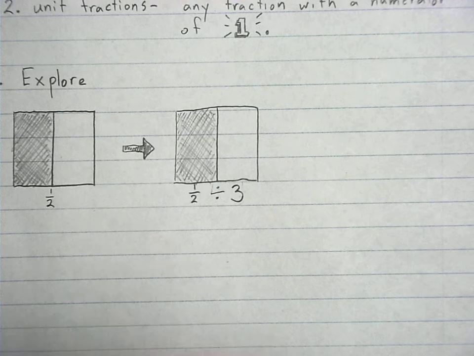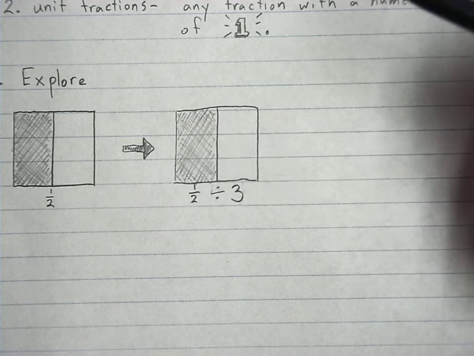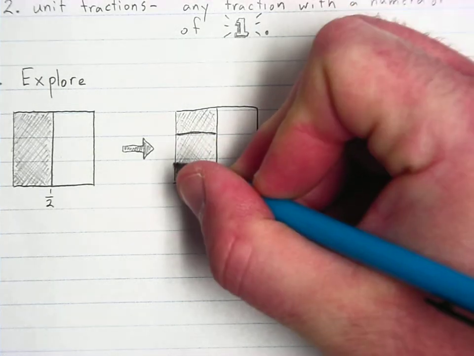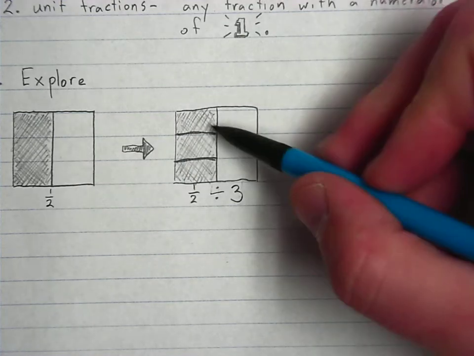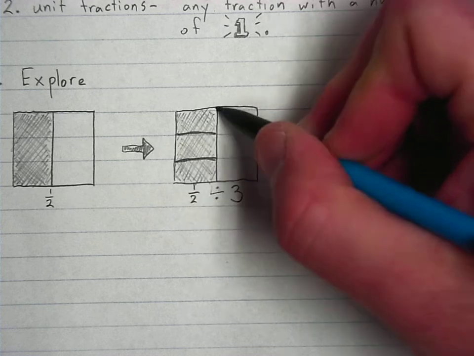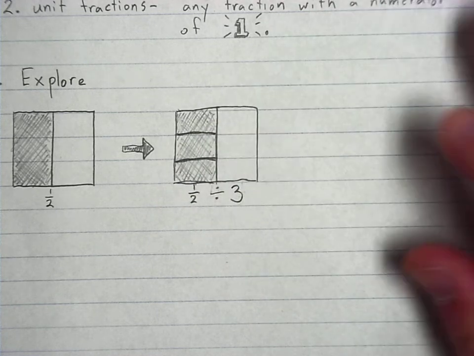1/2 divided by 3, we're going to look at just this part and we're going to cut it into 3 equal pieces. So there's a piece, and there's a piece. 1, 2, 3 pieces total. I took my 1/2 and divided it into 3.